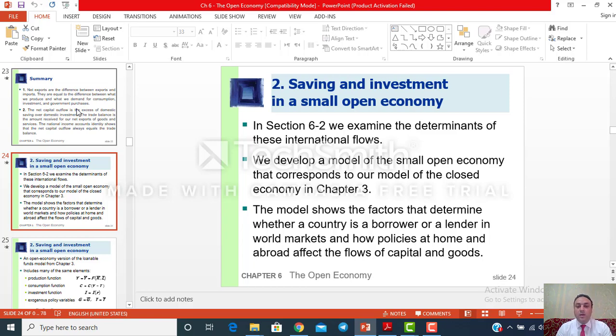How are they determined? We develop a model of a small open economy that corresponds to our model of the closed economy in chapter 3. This model shows the factors that determine whether a country is a borrower or a lender in world markets, and how policies at home and abroad affect the flows of capital and goods.